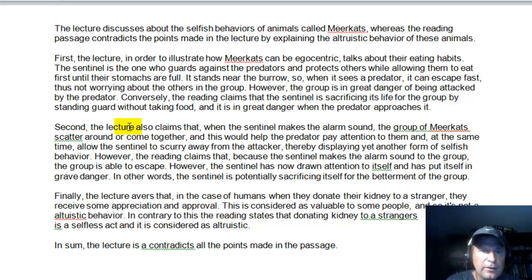I guess that does it. That talks about how it's doing selfless or altruistic behaviors, not just selfish behaviors. Okay, now we get to our last paragraph.